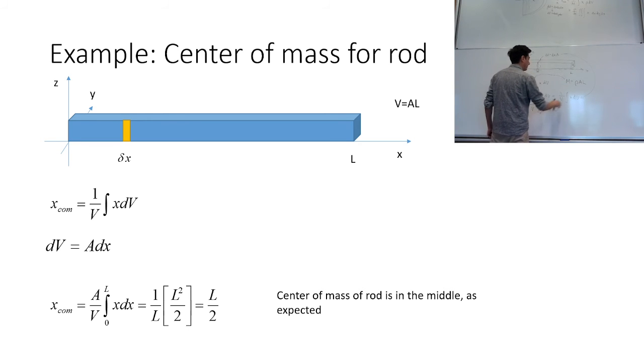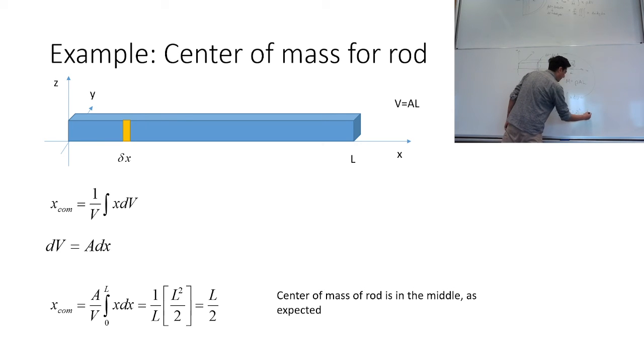So let's go back and look: the volume is area times length. When we integrate this thing, it's half x squared, from 0 to L. These A's also cancel.